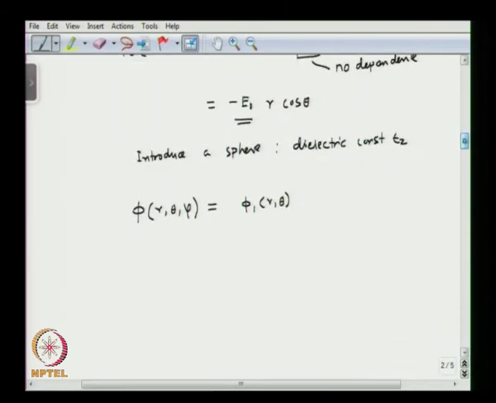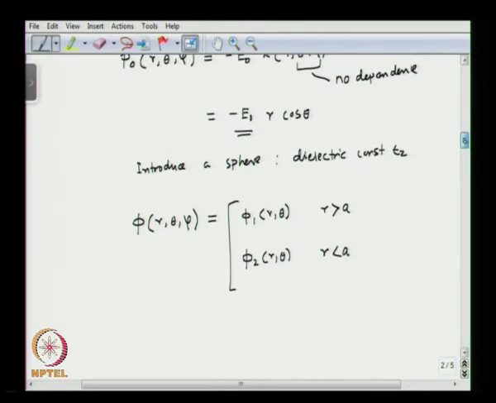So the two coordinates which are important are r and theta. Let us call the potential inside the liquid phi 1 of r, theta when r is greater than a, and the potential phi 2 of r, theta when r is less than a.